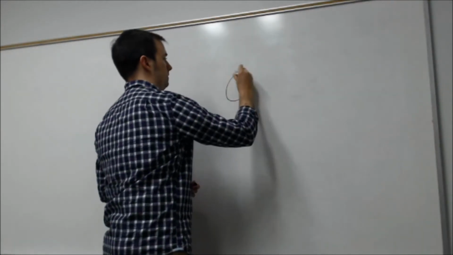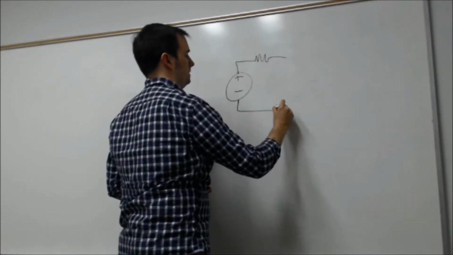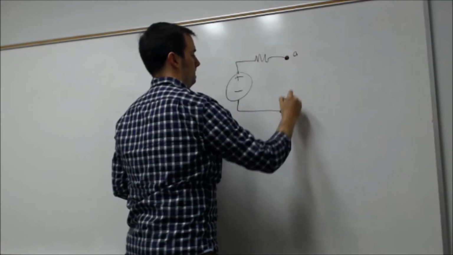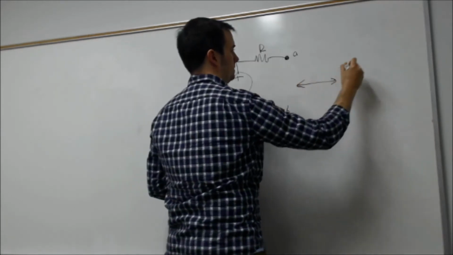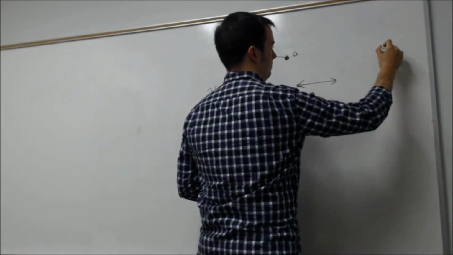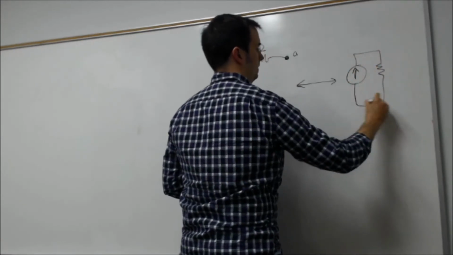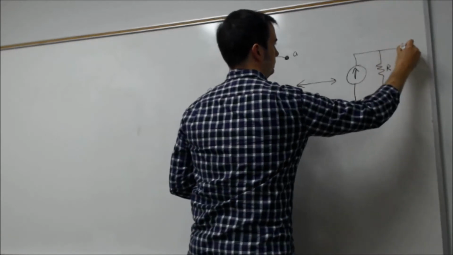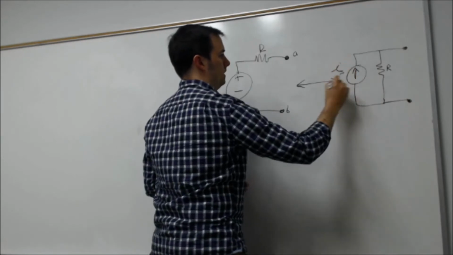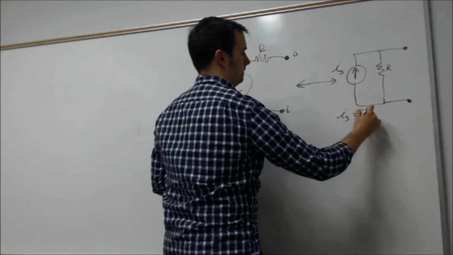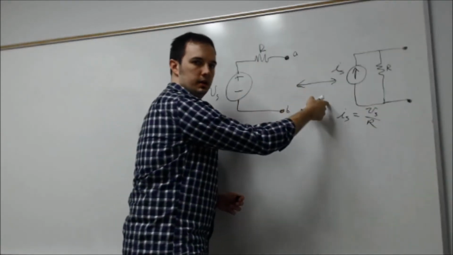Keep in mind, for source transformations, what this allows me to do is, if I have a voltage source in series with a given resistor R, I'm able to transform this back and forth with a current source, same polarity, in parallel with a resistor of the same value R. And we went through the process of explaining why this is, and why IS is equal to VS over R if I'm transforming from this into this.